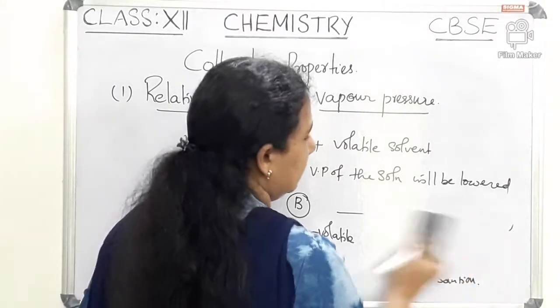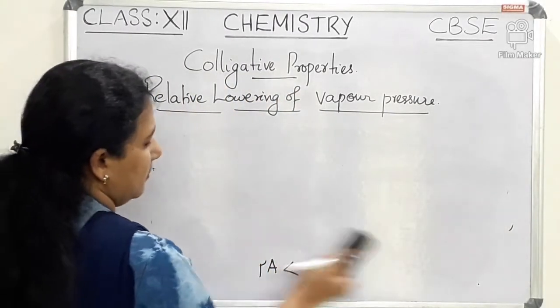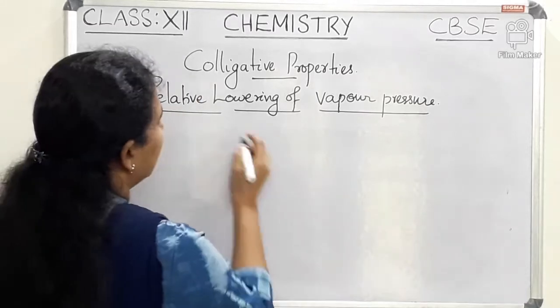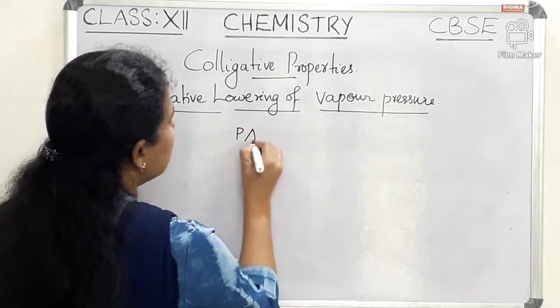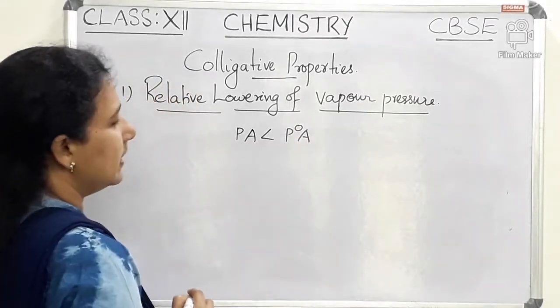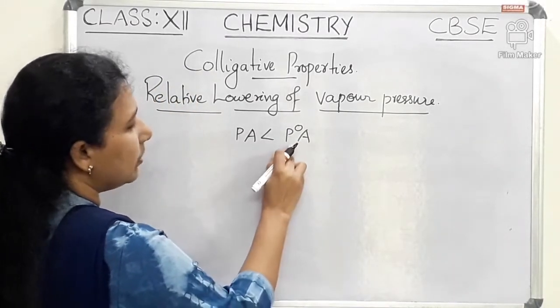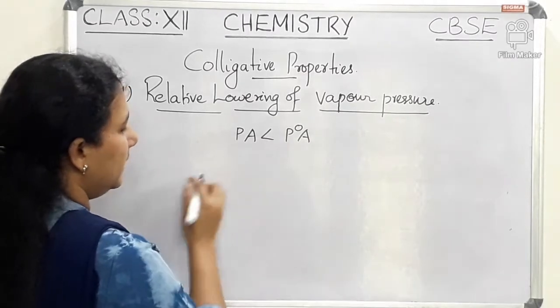Now let us see what is PA according to Raoult's law. PA is less than P0A, and we know that P0A is more than PA.